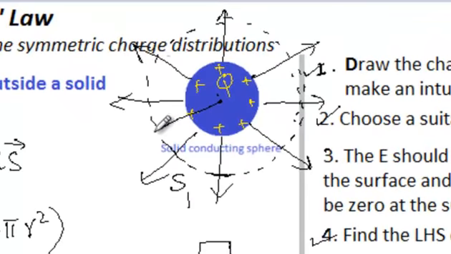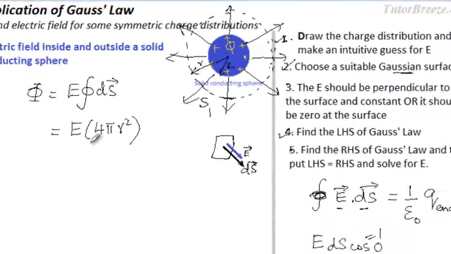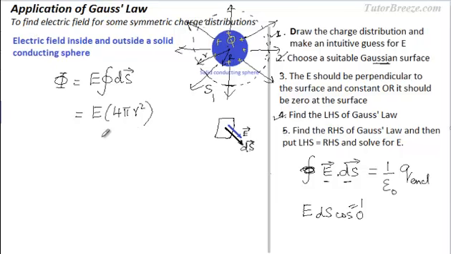Because we have taken the radius of the Gaussian surface as r and the radius of the conducting sphere is capital R. So this is 4 pi r square.